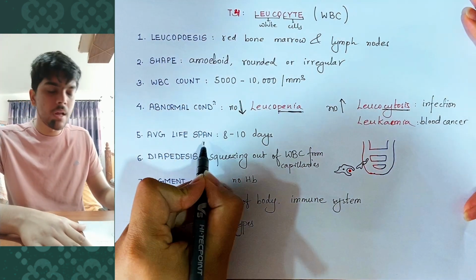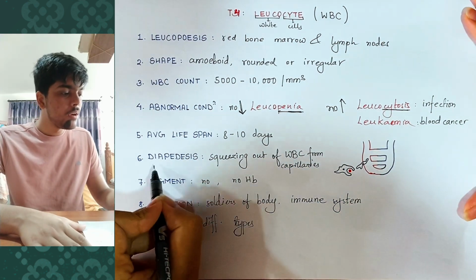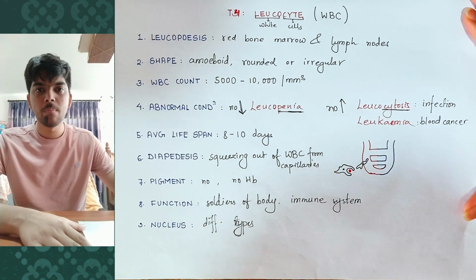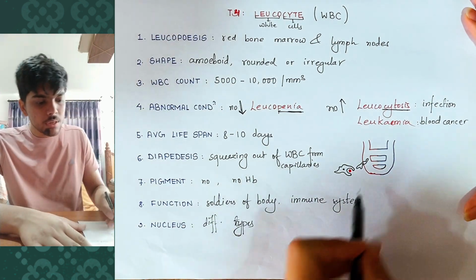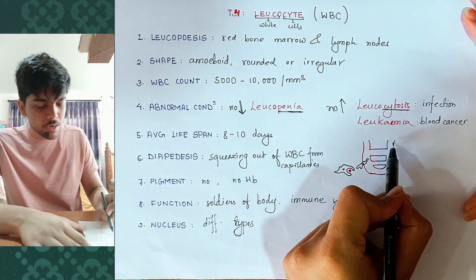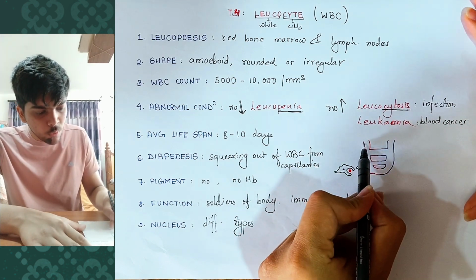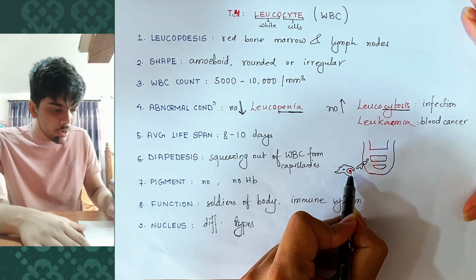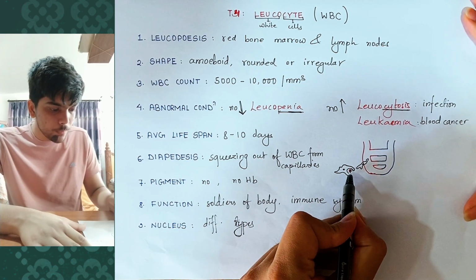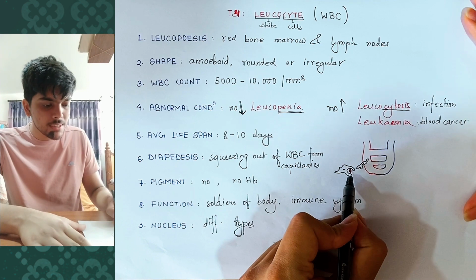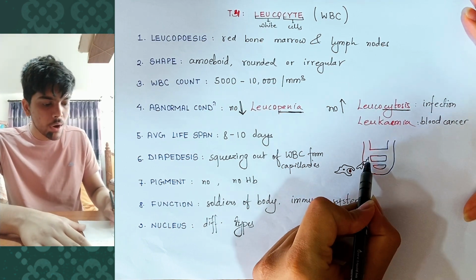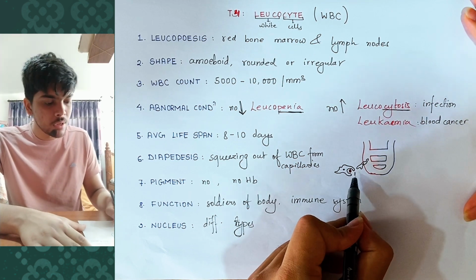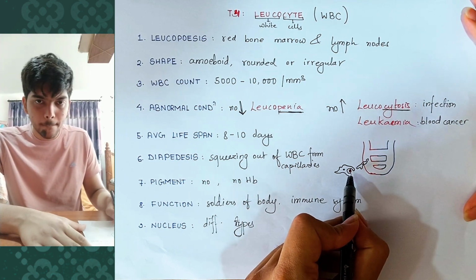Then average lifespan, 8 to 10 days. Diapedesis. Diapedesis is a special feature present in white blood cells. Suppose here's your capillary, and here's the thin wall of the capillary. Outside the capillary, here's your bacteria. Somehow your body detects this bacteria and sends white blood cells to kill or engulf or phagocytose, or eat up, this bacteria.